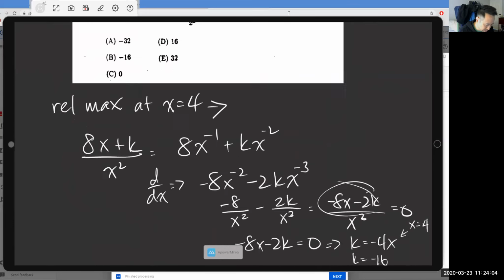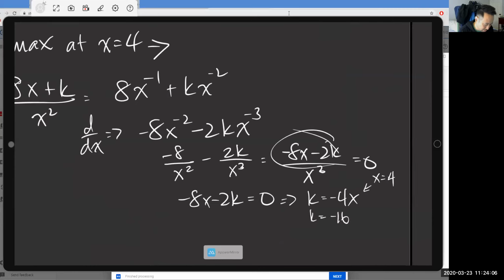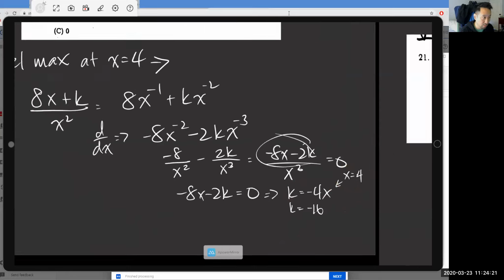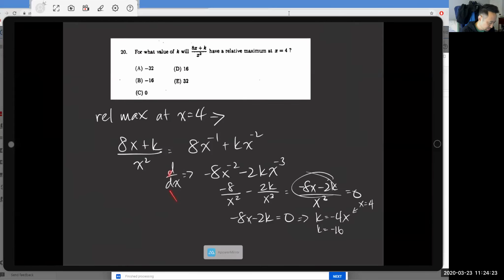Feel free to pause the video and stare at that for a little bit if you need to. And then at the very end here, I got this set equal to 0. I solved for k equals negative 4x, but they told me x equals 4 in the original problem, which means k must equal negative 16. So my answer choice is B. And that's it.